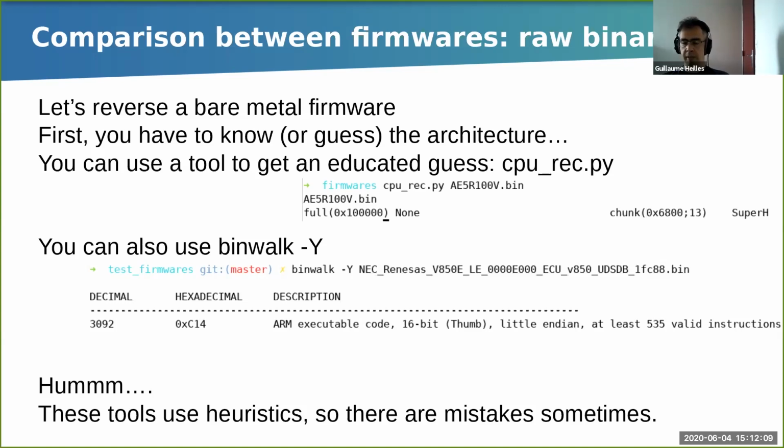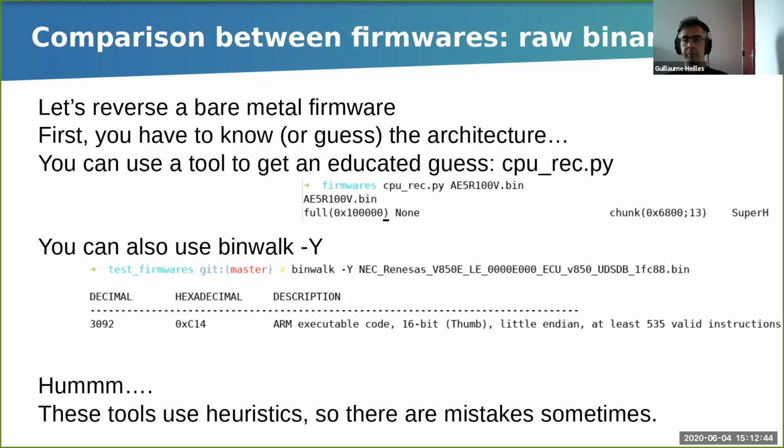If you can't do that, there are several tools you can use, like CPU rec, or binwalk, to try and identify the kind of assembly instructions you will have in your firmware. Here I'm running CPU rec on this file, and it tells you it's a SuperH architecture, so SH, maybe SH2, SH3, I don't know.